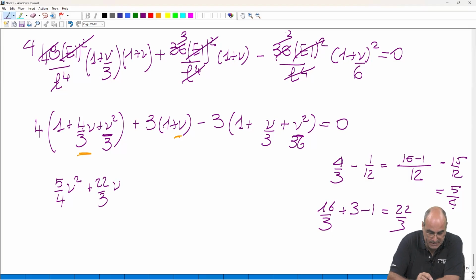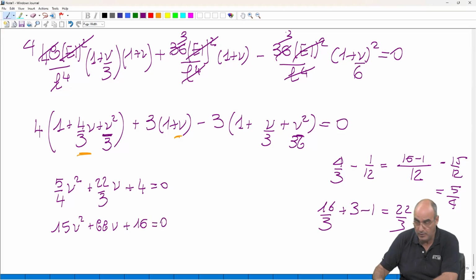And we have plus 4 plus 3 over 3, so it's plus 4 equal to 0. So this is 15 ni square plus 88 ni plus 16 equal to 0. Okay, now it's correct. Yes, sorry.